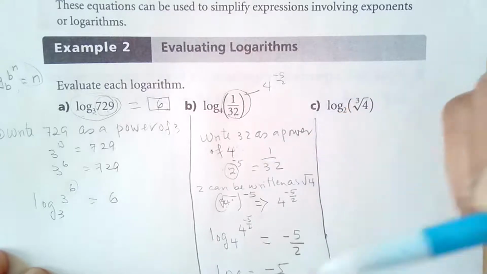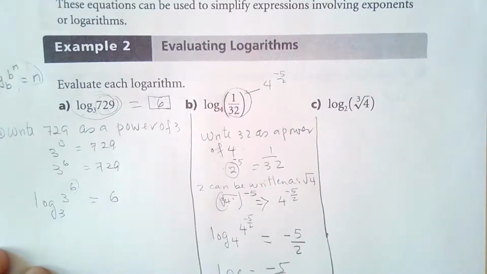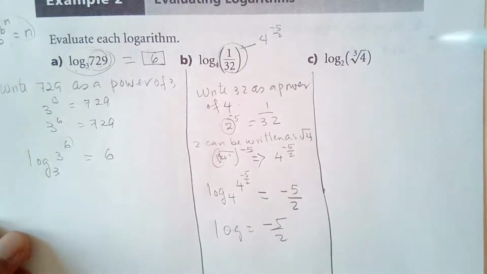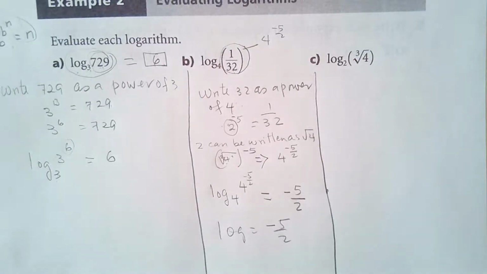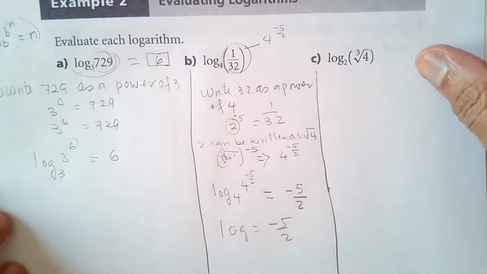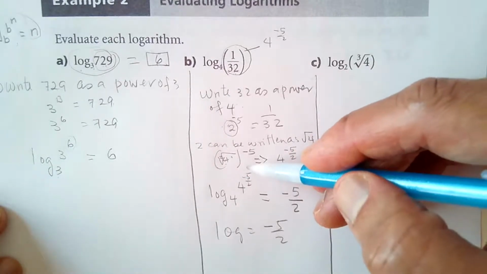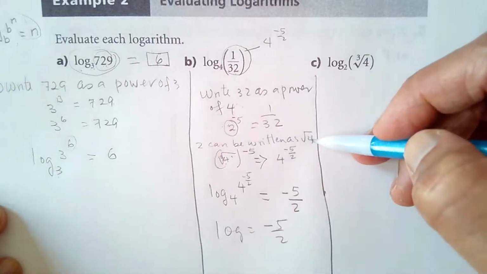You have to do it indirectly. The tricky question was, do you know another way of writing 4, and you have to be careful. Sorry, 2 can be written as the square root of 4. And that's what you did here.